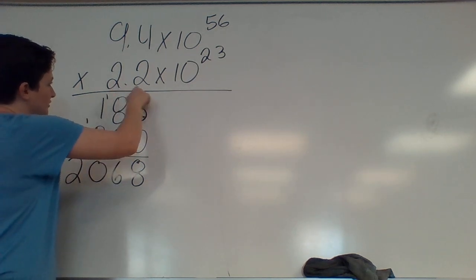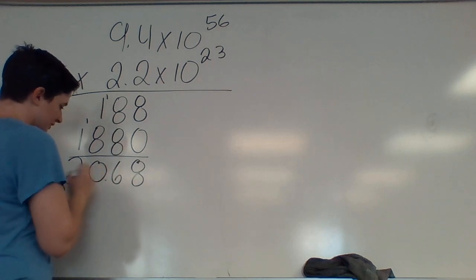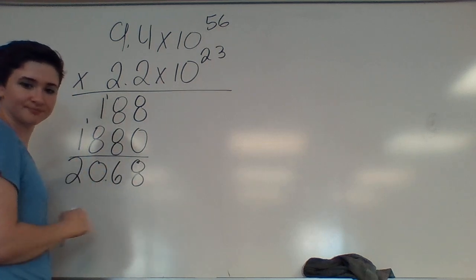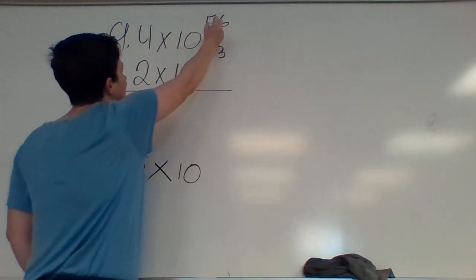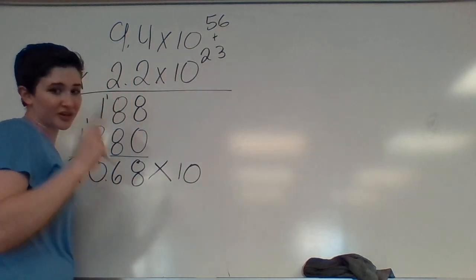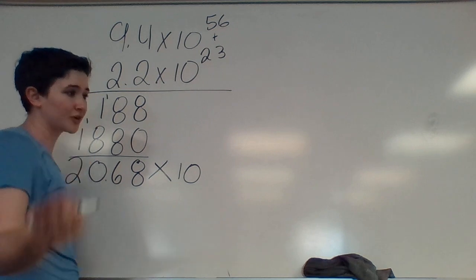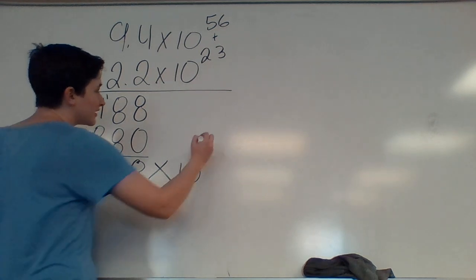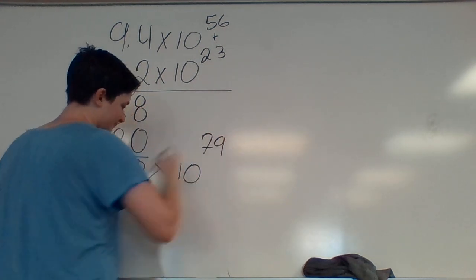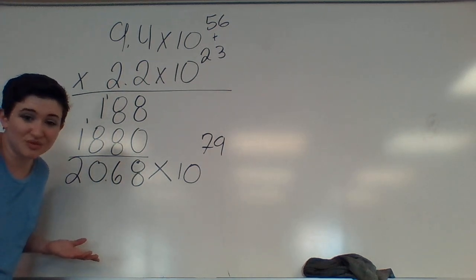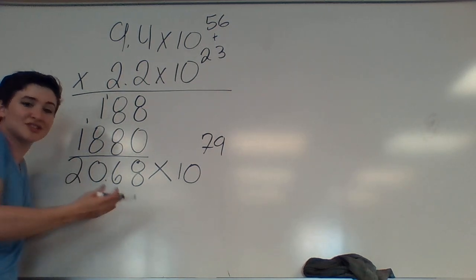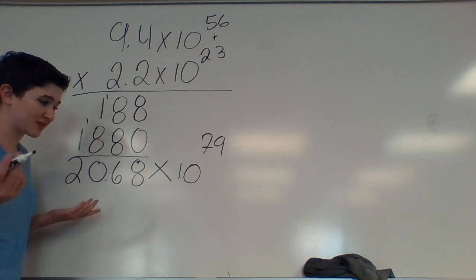So now we go, this was 1 place, 2 places, so it's going to end up 2 places over. Times 10 to the 56 plus 23, do that in a calculator really fast, or in your head, is 79. And that's our answer. That's it. We're done. This should be really easy. Looks horrible, is easy. Show it to your siblings and they're going to think you're super smart.